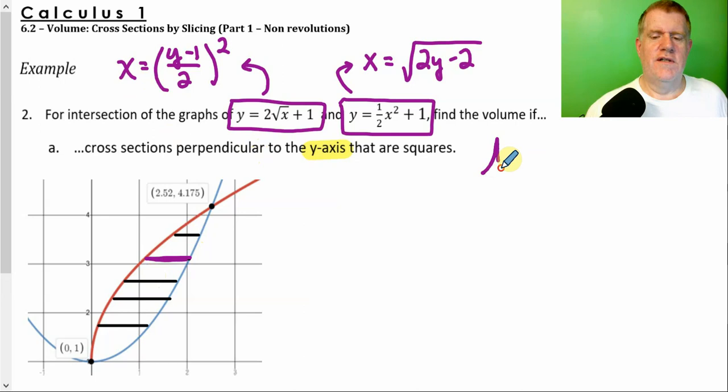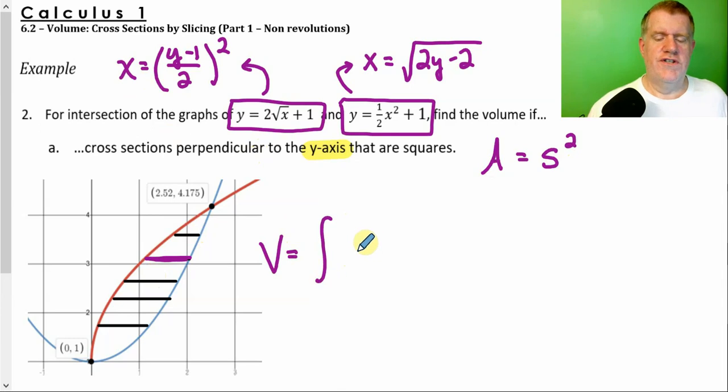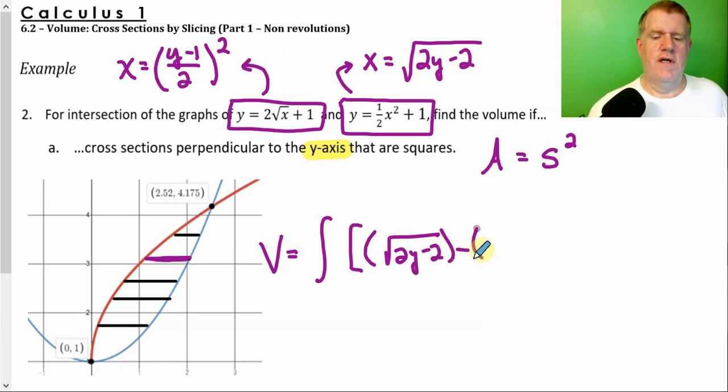All right. Area is still going to be the side squared. So the volume is going to be the integral of the expression for the side. Now the expression for the side has changed. I want to do the graph furthest away from the axis. I'm going to do this blue graph. And this blue graph happens to be 2y minus 2 minus the red graph, which is y minus 1 over 2 squared.